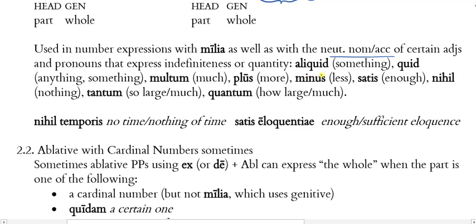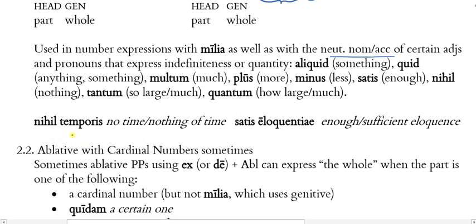So aliquid for something, quid for anything or something, multum for much, plus for more, minus for less, satis for sufficient or enough, nihil for nothing, tantum for so large or much, and quantum for how large or much. So these can be followed by a genitive expression where we have a whole out of which this stuff represents a part.